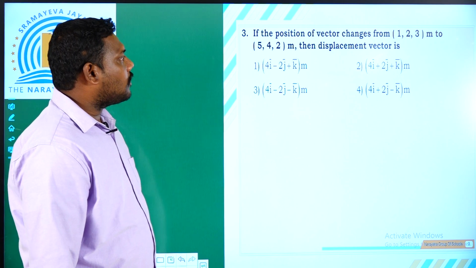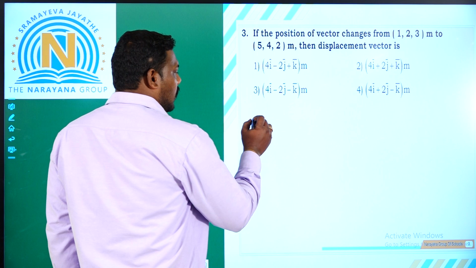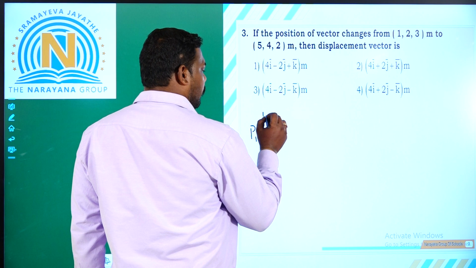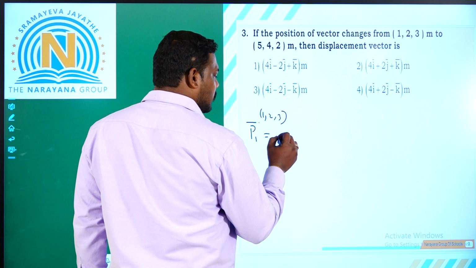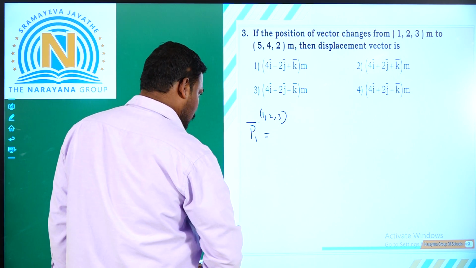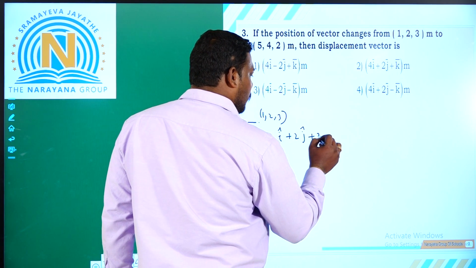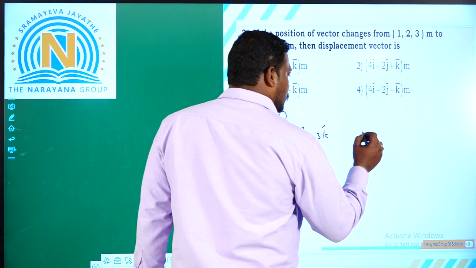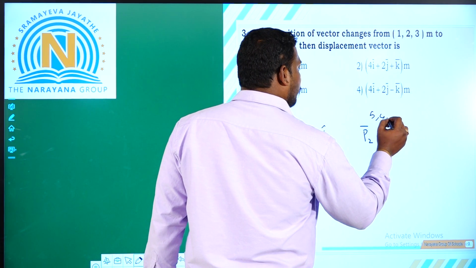If the position of vector changes from 1, 2, 3, that is the position of the vector P1 is 1, 2, 3. In the vectorial form it can be represented as 1 i cap plus 2 j cap plus 3 k cap, changed to the second position, that is 5, 4, 2.